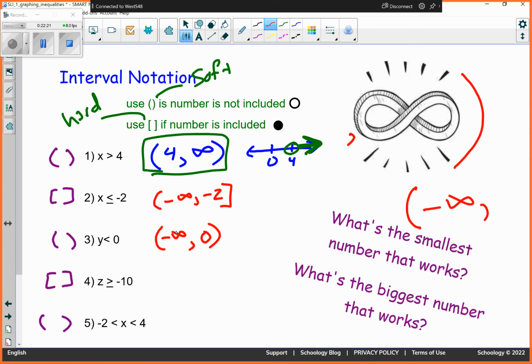All right, problem number 4. We're starting at negative 10, and I'm going to the right. What's a number real far to the right? Positive infinity, I have a soft bracket.